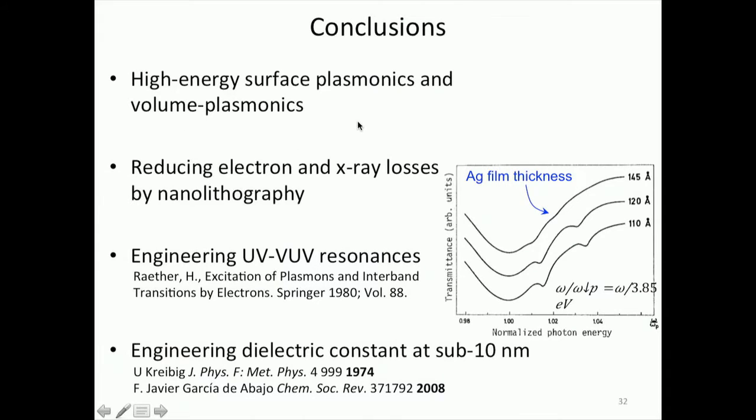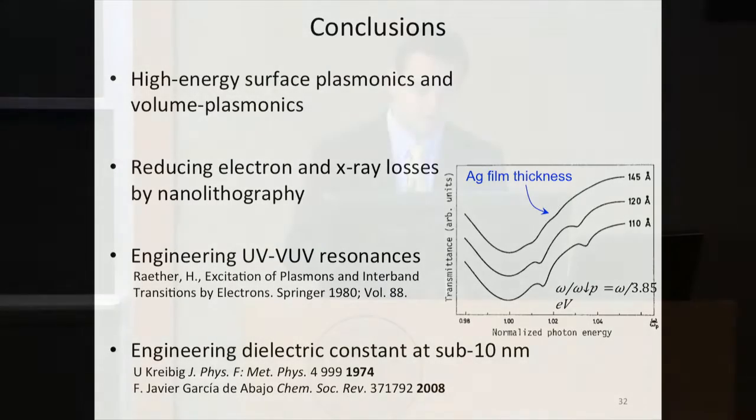We also show that if you are able to pattern nanostructures at really small length scales, smaller than 3 nanometers, you might be able to suppress tremendously the volume plasmon excitation. So that might be interesting to reduce electron and X-ray losses in structures.